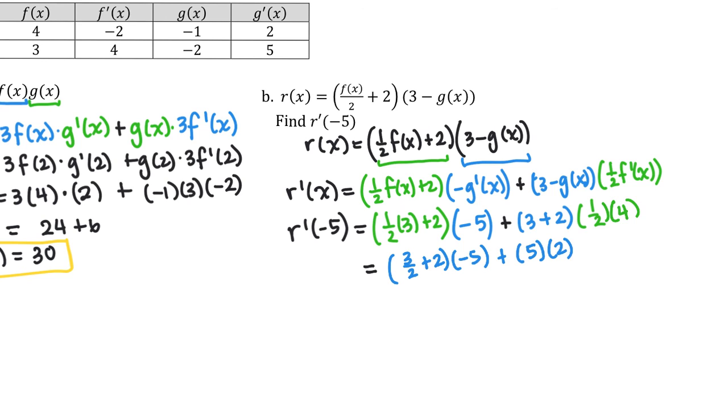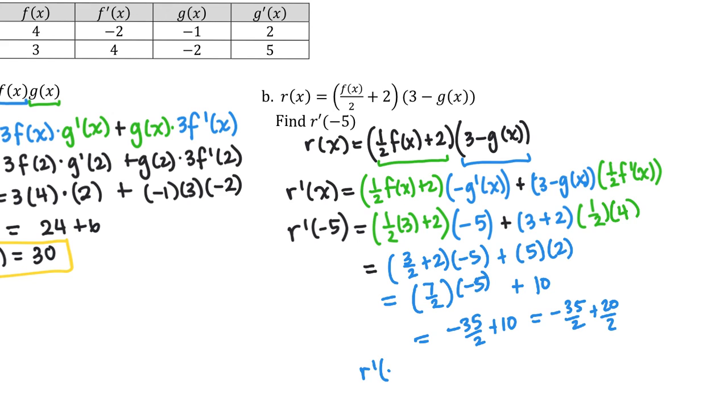So this is 10 plus, okay, 3/2 plus 2: 3/2 plus 4/2 is 7/2 times negative 5, which is negative 35 over 2 plus 10, which is negative 35 over 2 plus 20 over 2. So r prime of negative 5 is negative 15 over 2. Okay, so that's my final answer.